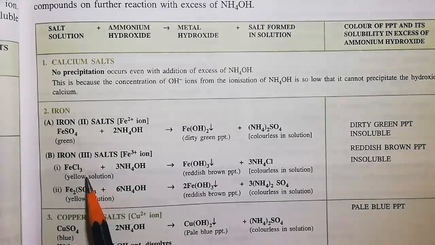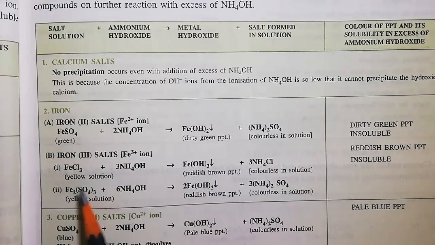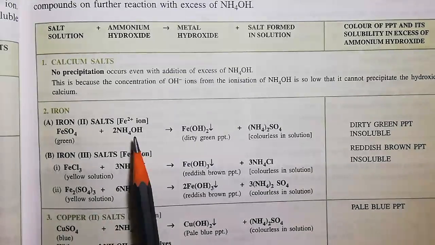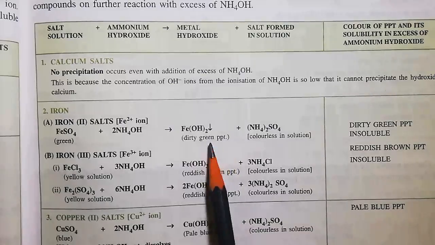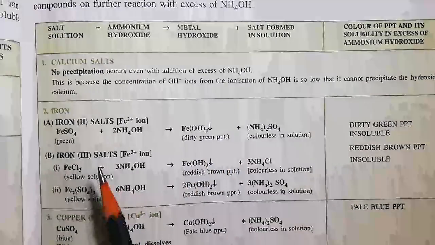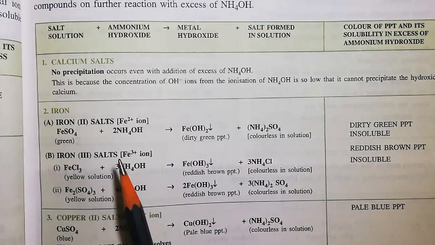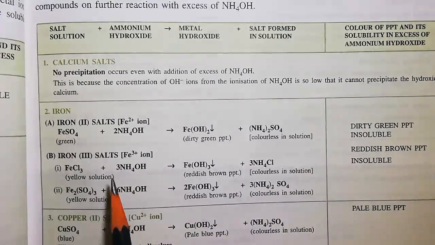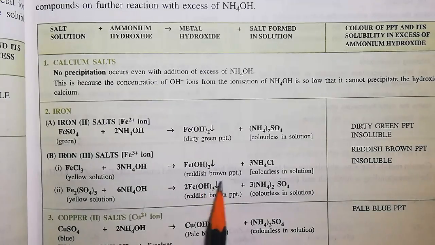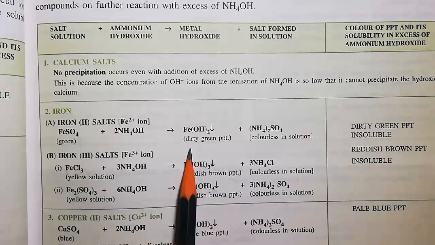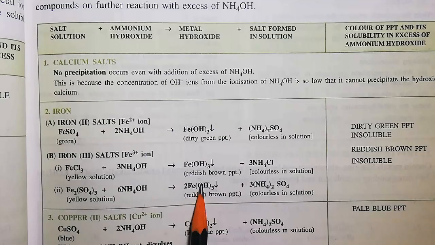Ferrous is green and ferric is a yellowish solution, and reacting with ammonium hydroxide the dirty green PPT comes out for ferrous. And for ferric salt, the ferric hydroxide reddish brown PPT comes out. These are not soluble in excess ammonium hydroxide.